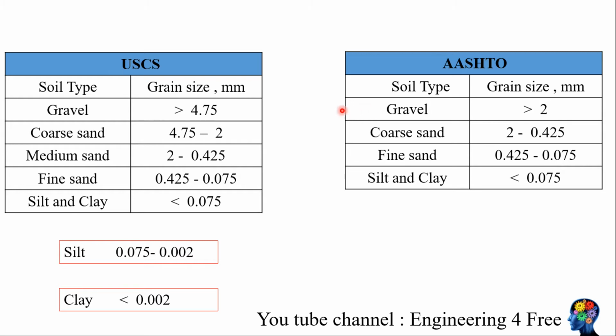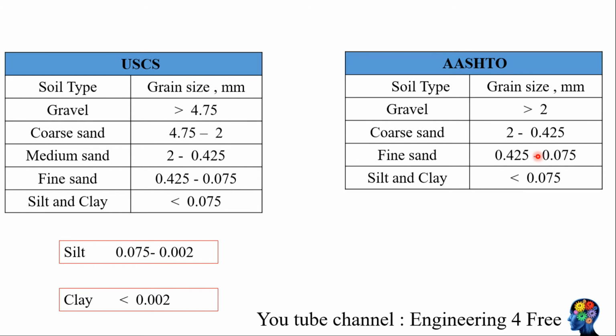When you consider sand using the unified soil classification system, sands are materials found between 4.75 millimeter and 0.075 millimeter, whereas in the AASHTO classification system, sands are materials found between 2 millimeter and 0.075.